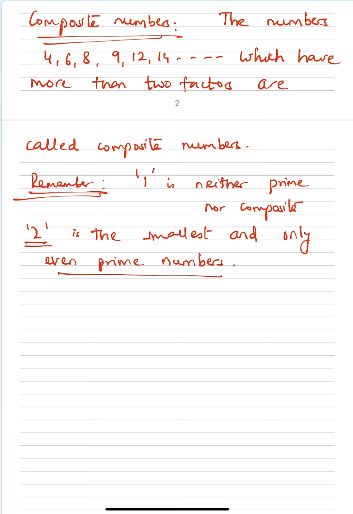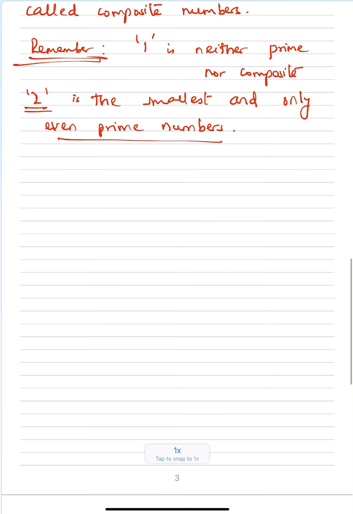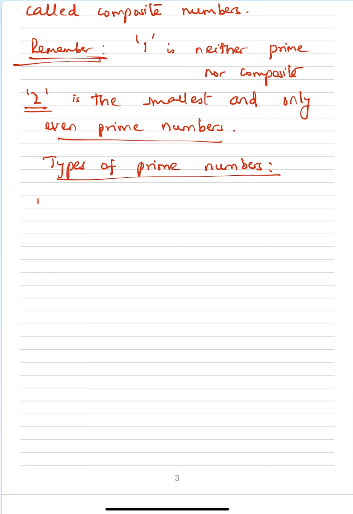Now let us do two more types of prime numbers which are not that much important but you should know. How many types of prime numbers are there? First is twin primes. What is the meaning of twin primes?